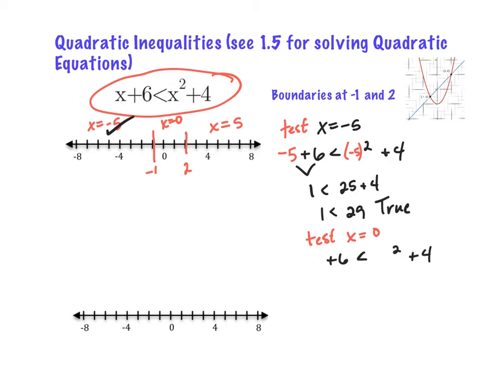This is why 0 was such an easy one to use, because it just kind of takes out a lot of stuff. 0 plus 6 just gives me 6. Drop down the less than. 0 squared is 0. And I'm left with 4. So 6 is less than 4. That is not a true statement. So I am going to X out that middle part. That's not part of my solution.